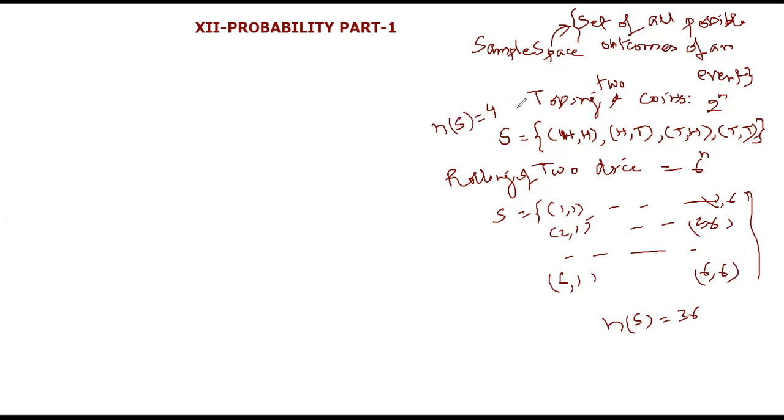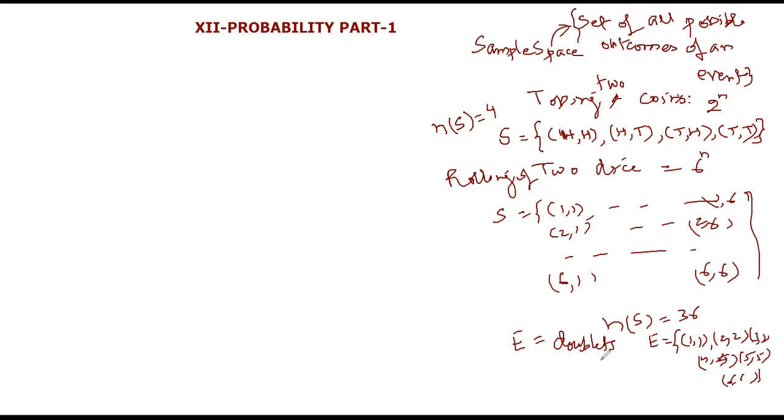And if the event is finding doublets, then if you want to write the event, it will have the outcomes 1, 1, 2, 2, 3, 3, 4, 4, 5, 5, 6, 6.